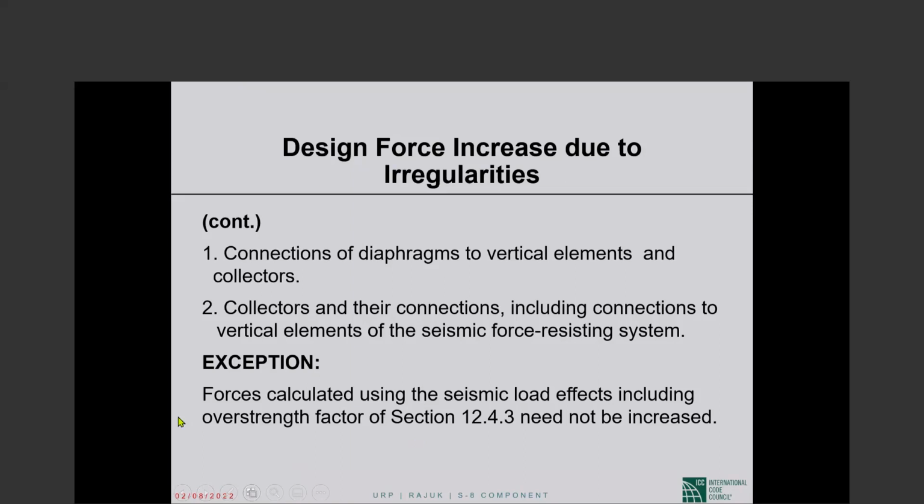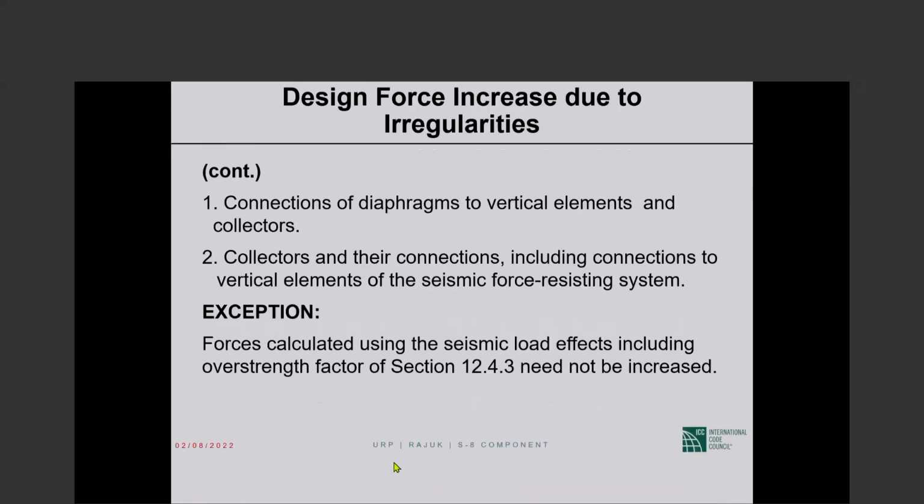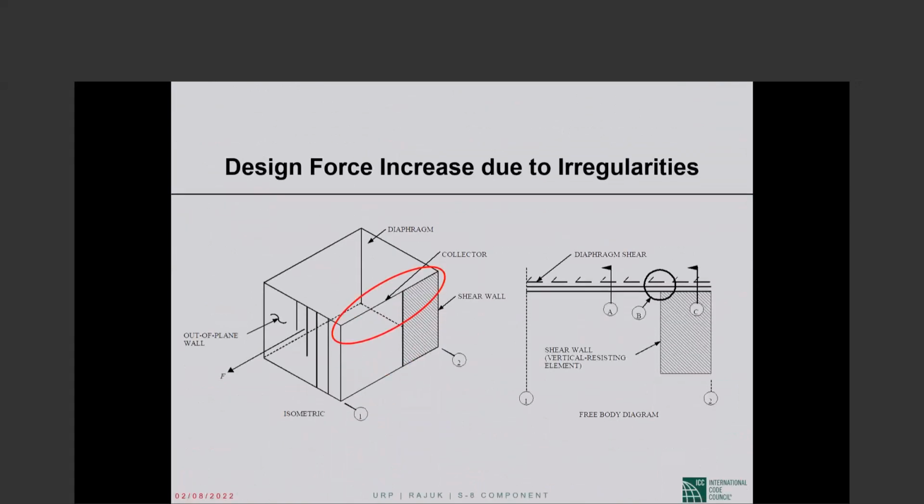So if you are in design category D, the collectors and their connections have to be designed using the load combinations with overstrength factor. And in that case, the 25% requirement goes away. It is not on top of omega sub 0. Okay. So most of the time, at least that part of the requirement will be moot in design category D. Okay. The explanation of where the 25% increase applies.